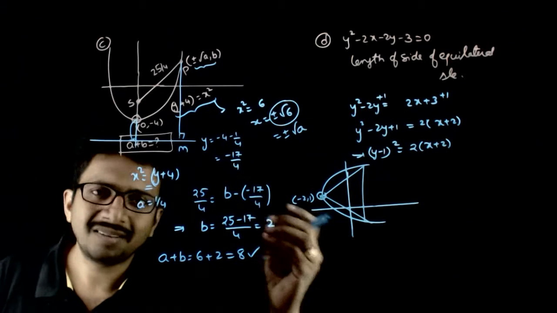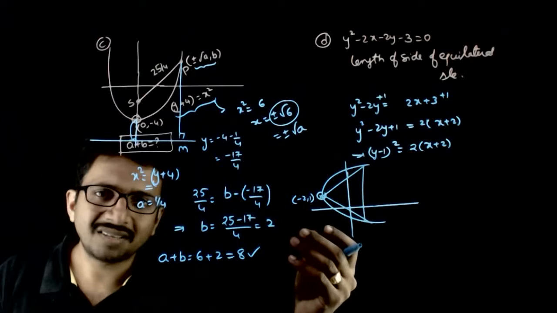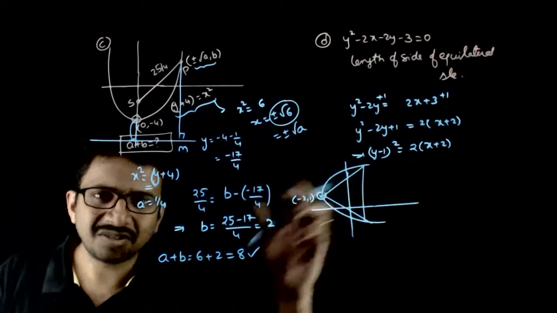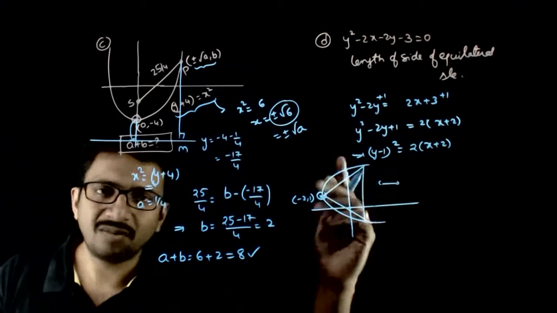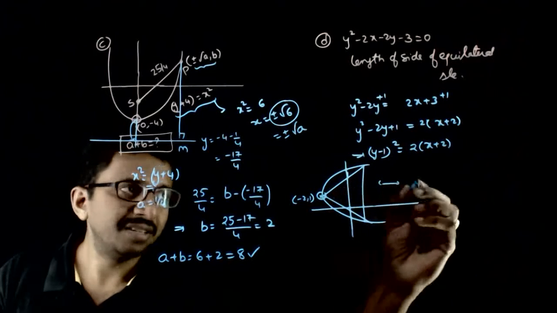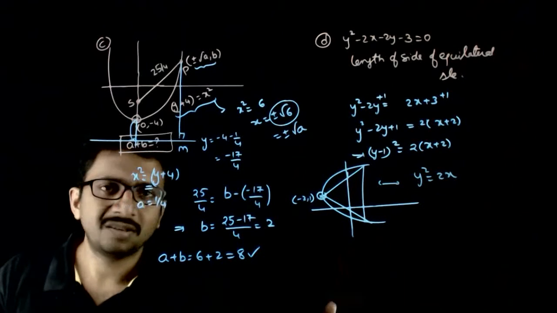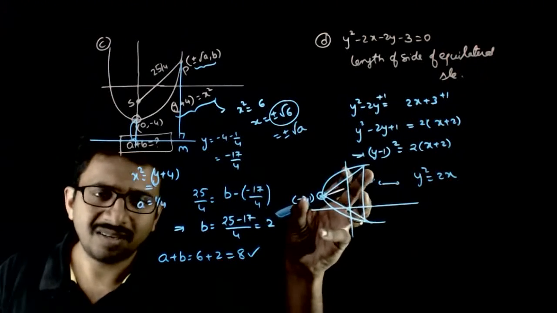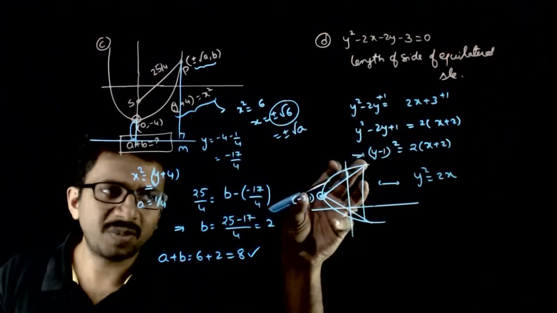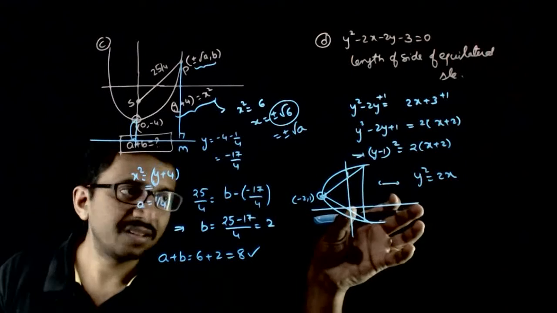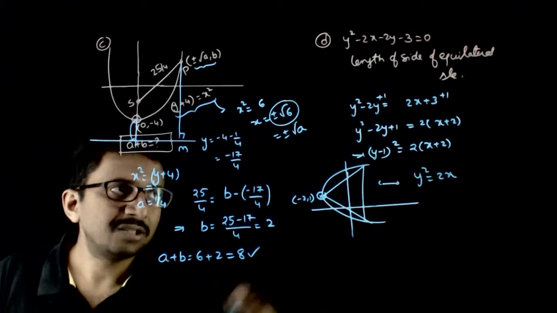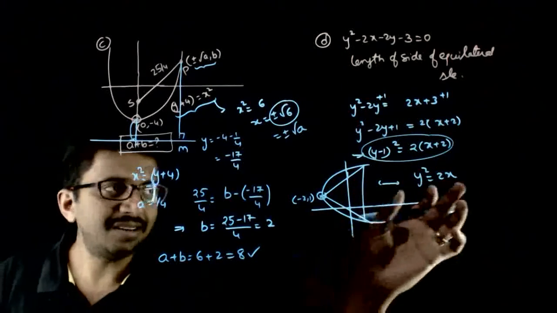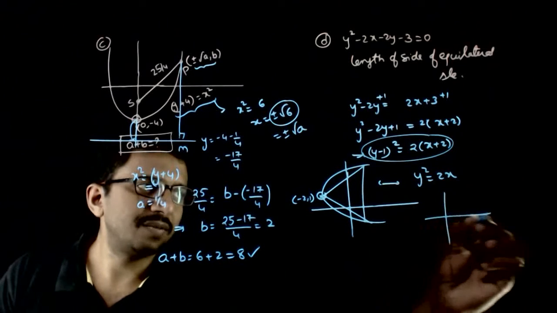If you are slightly intelligent, you can very clearly see that the length of the side of the equilateral triangle in this parabola will be the same as in the parabola y square is equal to 2x, because as long as the size of the parabola does not change, the length of an inscribed equilateral triangle doesn't change. If I shift this parabola such that the vertex becomes the origin, the length will be the same. So instead of finding it here, I'll find it in y square is equal to 2x, which is very straightforward.